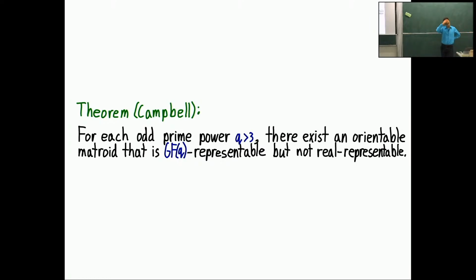One might hope that if you get rid of this non-representability, being orientable and representable might tell you that you do have a real representation. This is also not the case, but to construct counterexamples for this, I'm going to need it to be representable over some field.